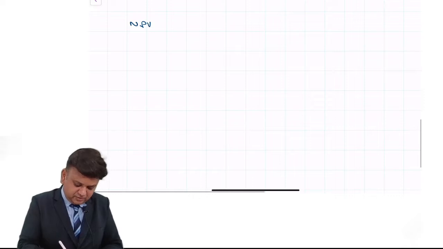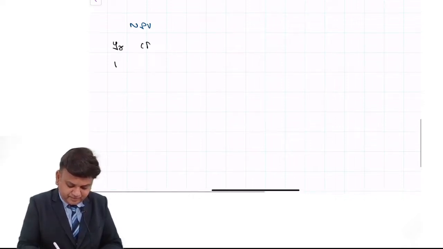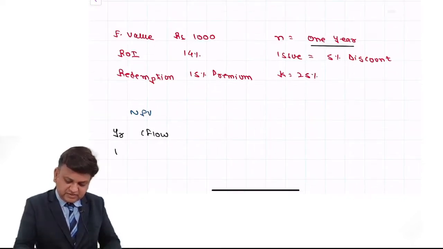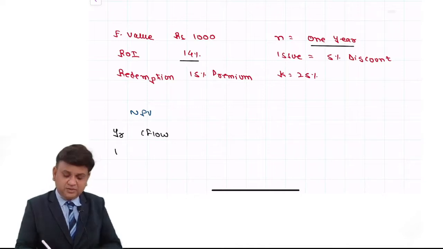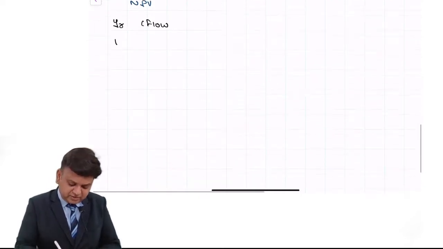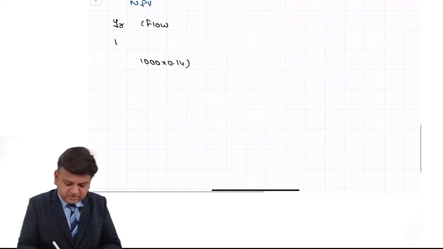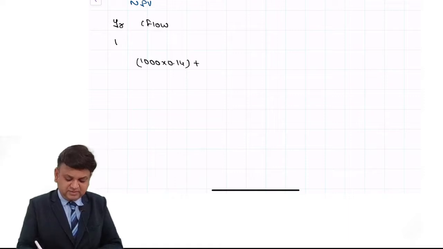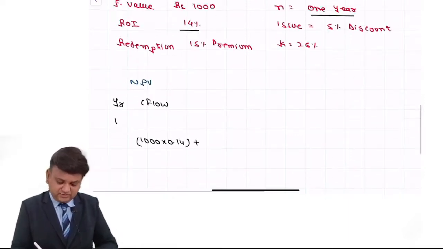Let me explain. In year 1, what is the investor going to receive? The investor is going to receive interest at the rate of 14%. So, dear students, it is 1000 into 14%. This is the interest income that the investor is going to receive, plus the redemption value of the security.